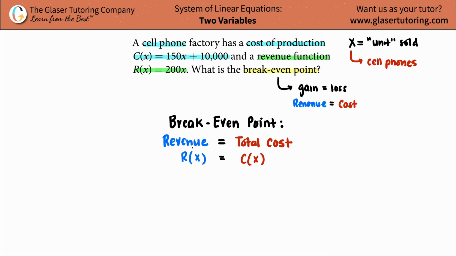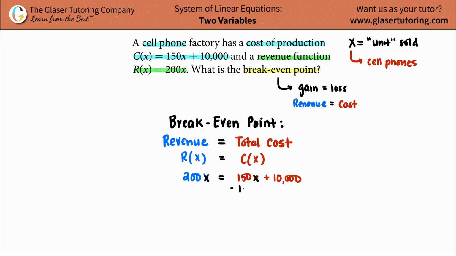Now we're just going to put in the other part of the formula. What was your revenue function? It was 200x. So 200x equals, what was the cost function? 150x plus 10,000. Now, all we got to do is solve for x.